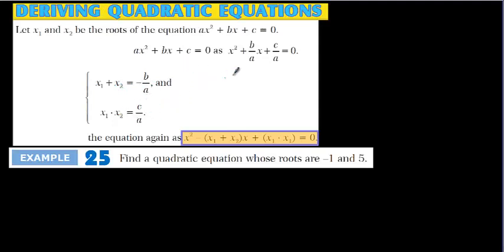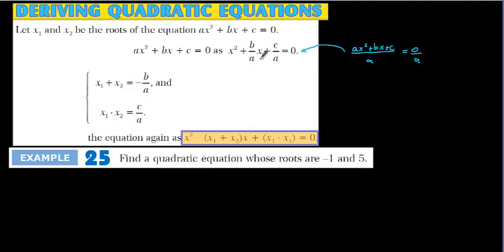Which means here, if you divide ax squared plus bx plus c on both sides by a, it's equal to 0 over a, then you are going to get this equation, which is x squared plus b over a x plus c over a.